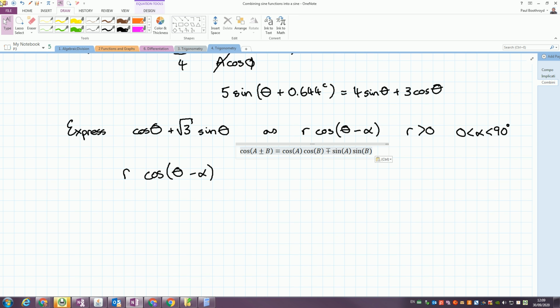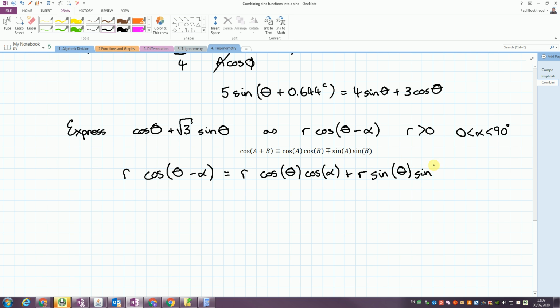From the identity we have it in the form of the negative, so this is the negative form, which means the sign there is going to be the positive. So we now have r cos theta cos alpha plus r sine theta sine alpha.